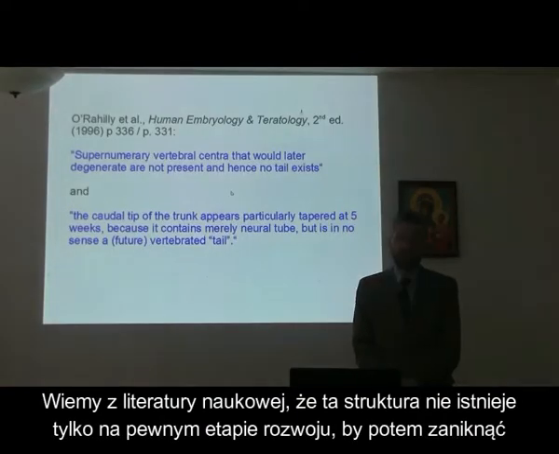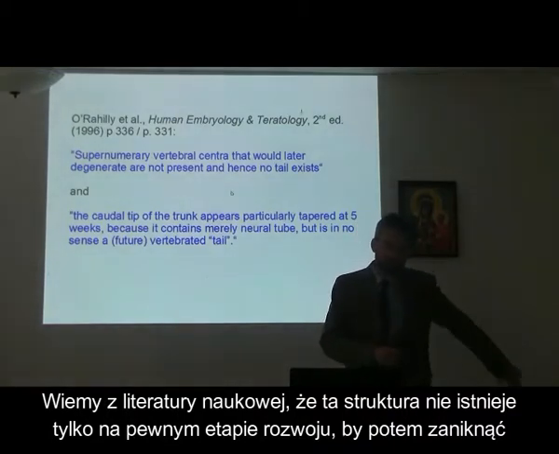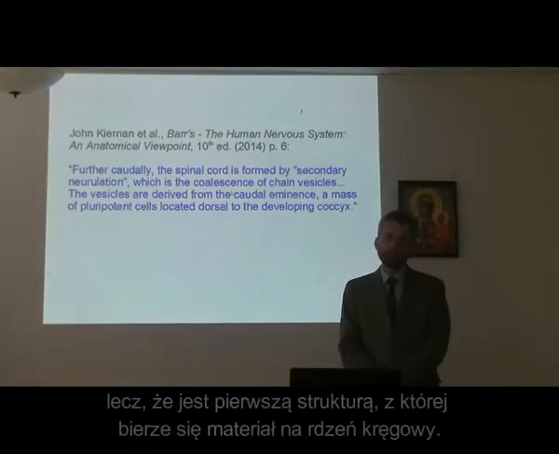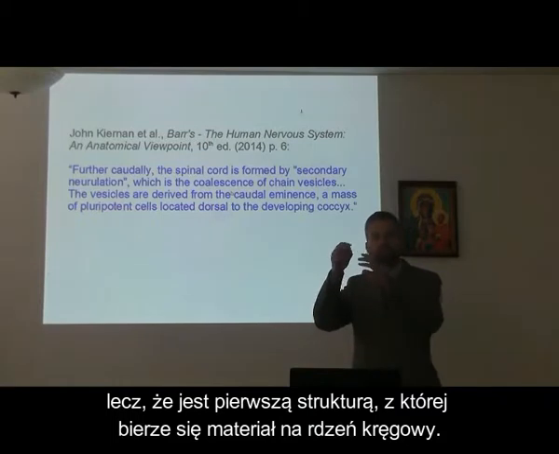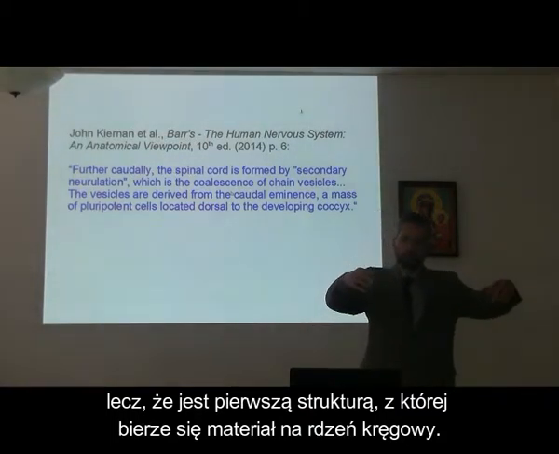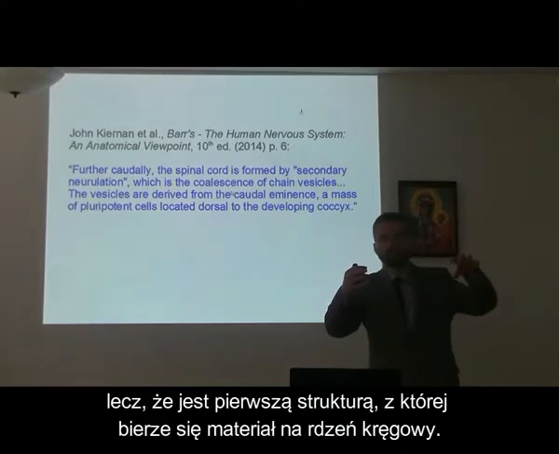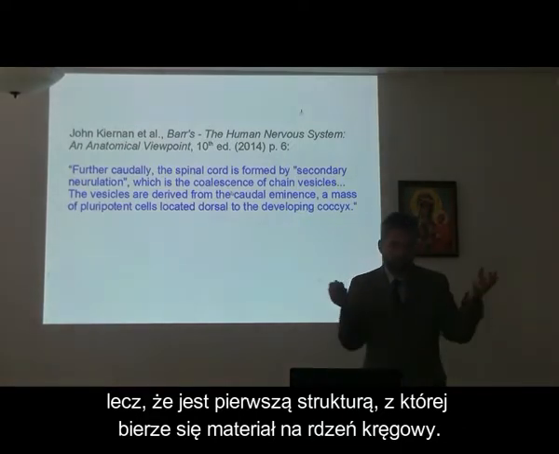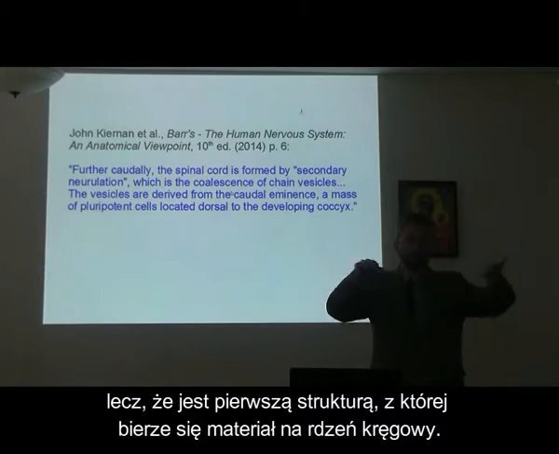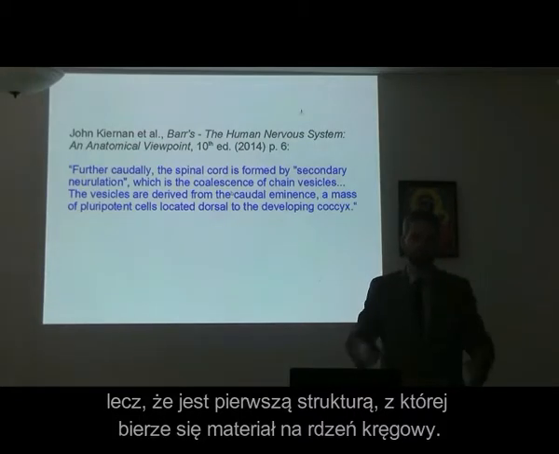And we know from the scientific literature that this structure is not something which is there at a certain stage of development and later reduced, but it's just the first structure, and from this all the material of the spinal cord is taken. This is changed into the spinal cord, or it's the basis for the spinal cord.